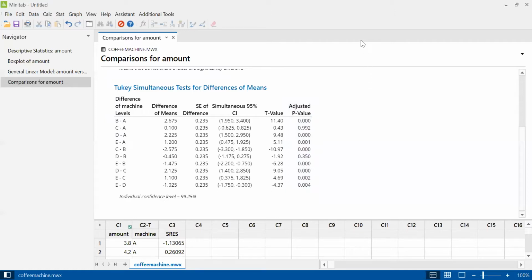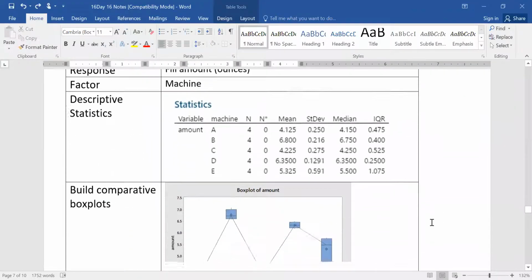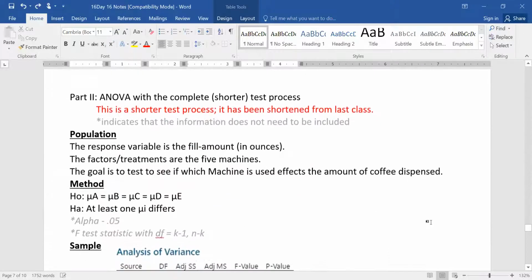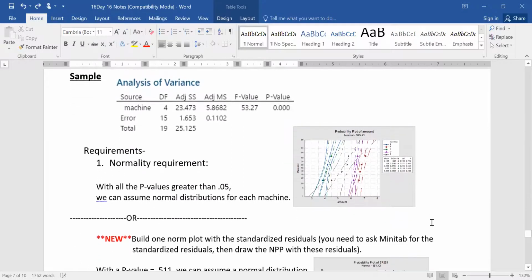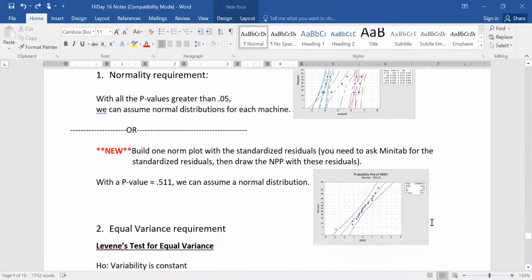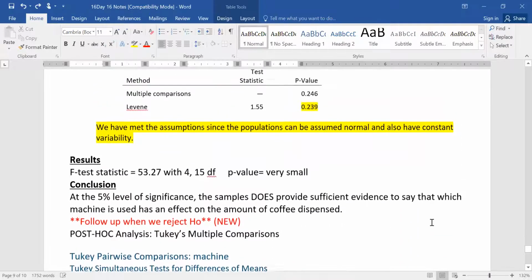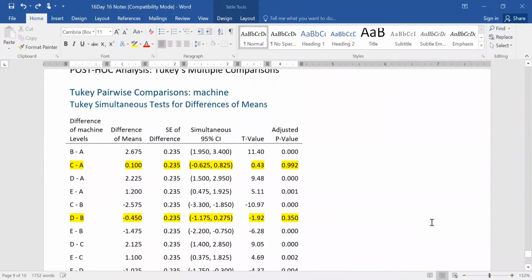So let's go ahead and take a look at our typed notes. We're going to bring this over. Take a look. So this is all the stuff we already talked about. Here's my shortened test process with everything right here. Okay, here's my follow-up.